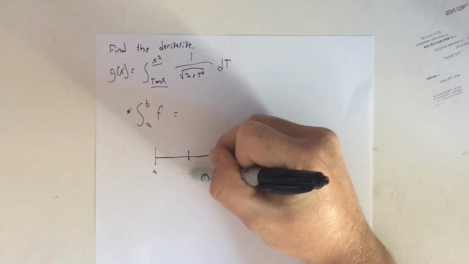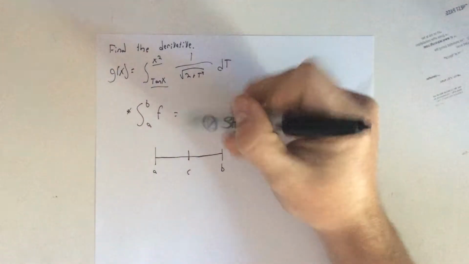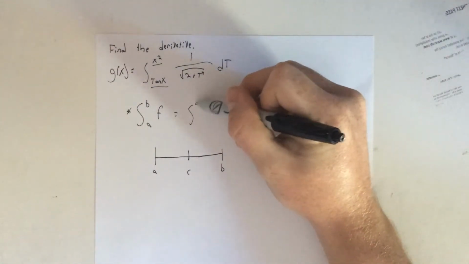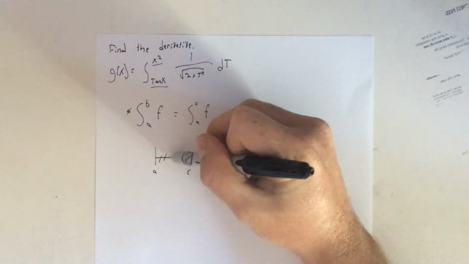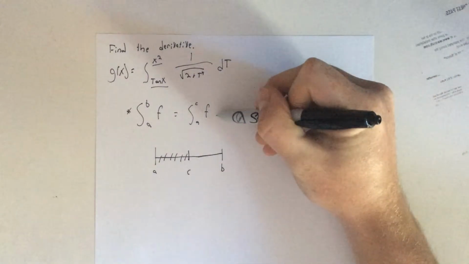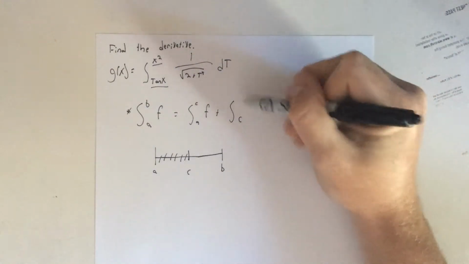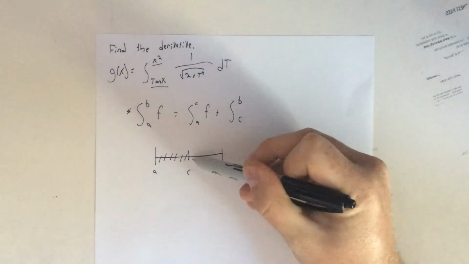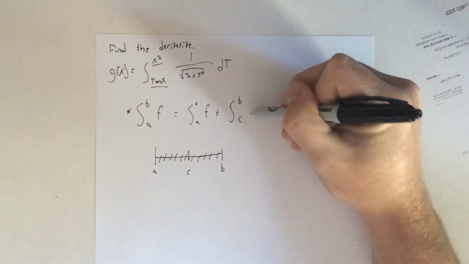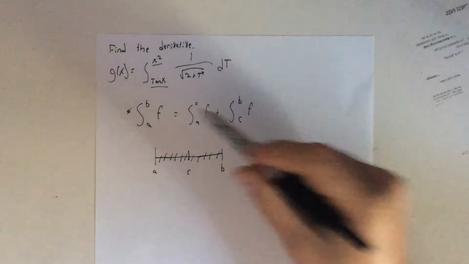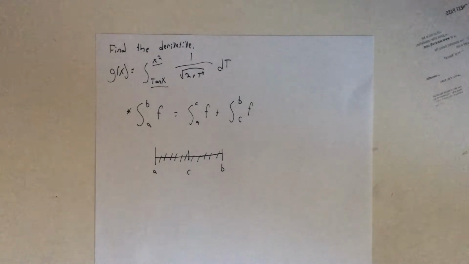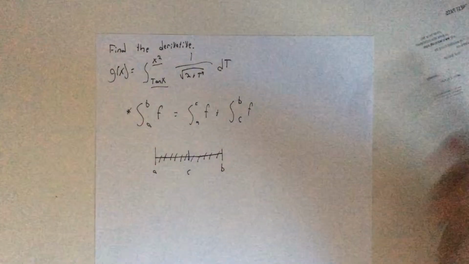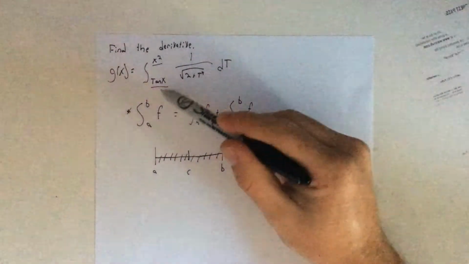If there's some point c in between a and b, you can split it apart by integrating from a to c, which gives us this part, and then adding it to the integral from c to b. Those two parts give us the exact same value as just integrating from a to b. It's just splitting it apart. And so that's how we're going to tackle this problem.